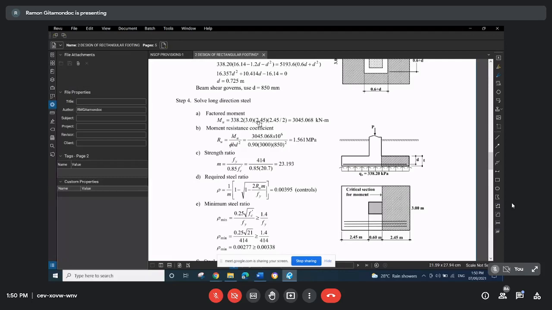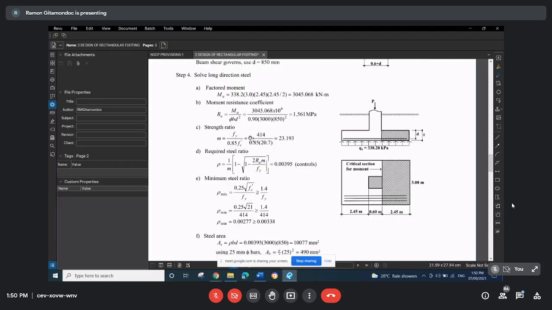Then after we have the bending moment, the succeeding steps will be on reinforced concrete design, which I would not elaborate anymore, but these are the steps for singly reinforced design for calculating the amount of steel. So we compute the moment resistance coefficient Ru equal to Mu over phi b d squared.